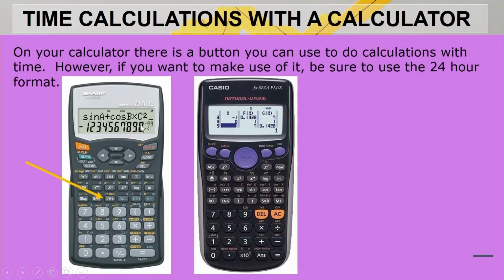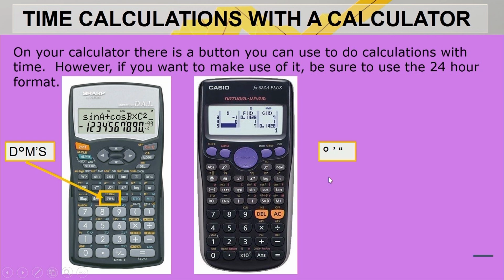If you look at the Sharp calculator, it's going to be the last row of keys before you go to your numbers, the third one from the left. It shows DMS, degrees, minutes, and seconds. There it is.